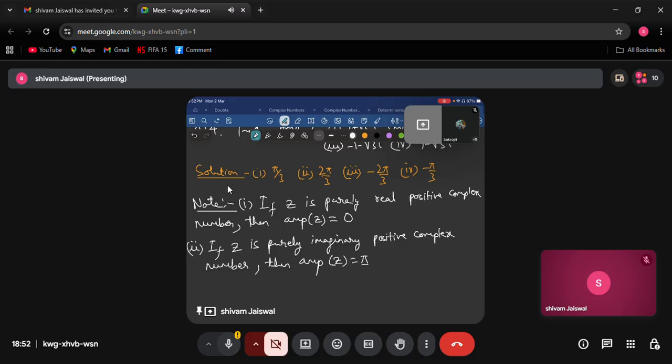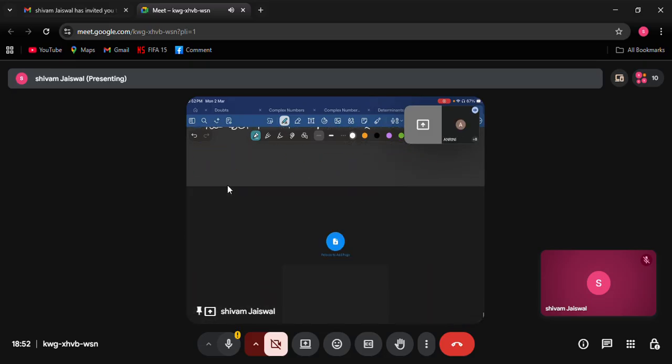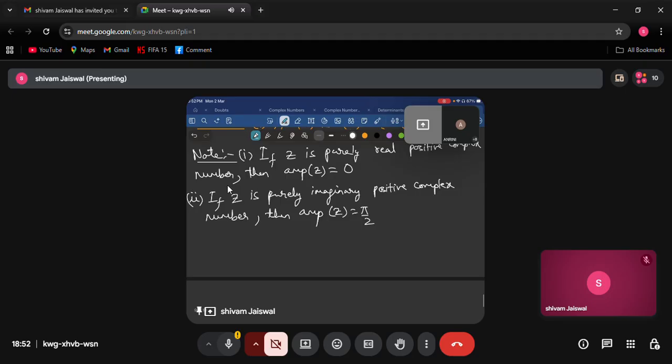So I didn't go through the previous portions yet. Okay, so you should ask if you have not understood. You know, right, that this is the real axis, this is the imaginary axis. You might have done it in school.